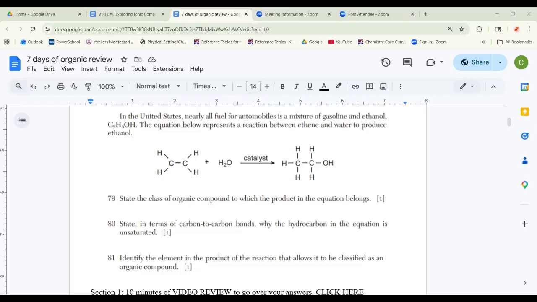The first aspect of it is that, yes, it does have as many hydrogens on it as possible. But since they put carbon to carbon bonds, the second aspect of it is that you need to be focused on the bonds. So this hydrocarbon has bonds between these two carbons.